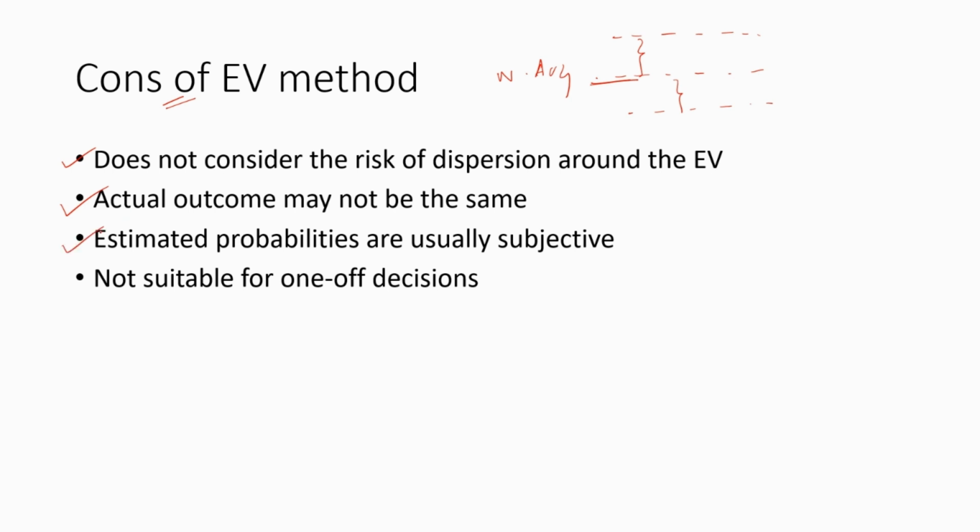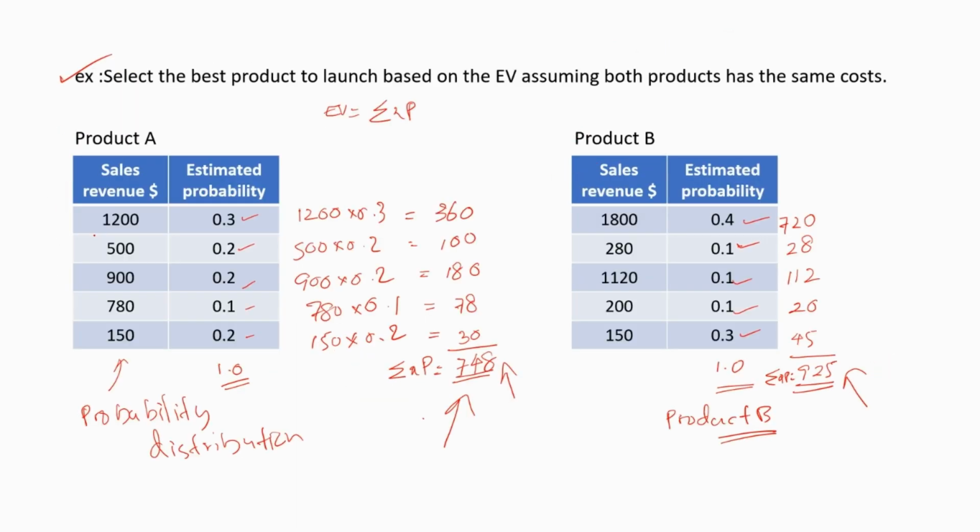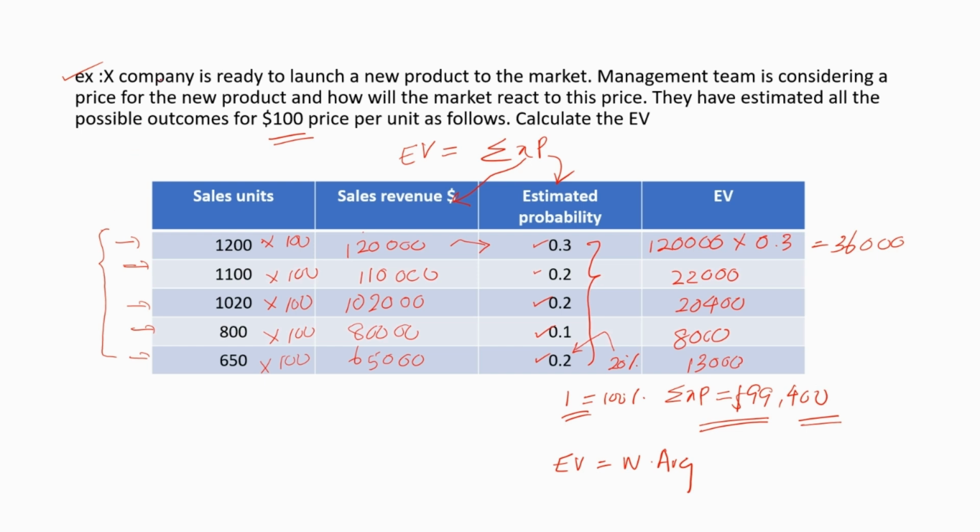Estimated probabilities are usually subjective. Think about it. Let's go to the previous example. This one. The company is ready to launch a new product to the market. The management team is considering a price for the new product. The probability is calculated by the management team.